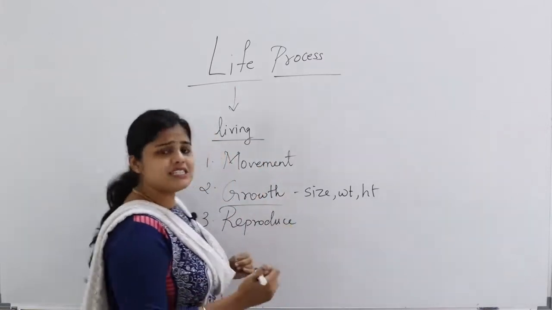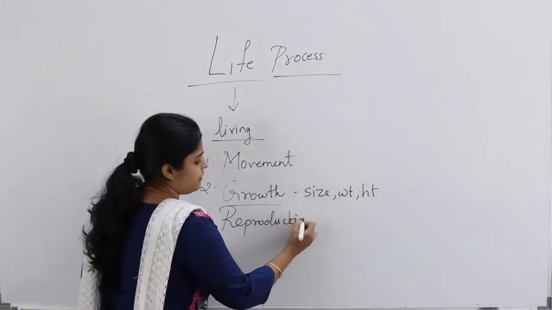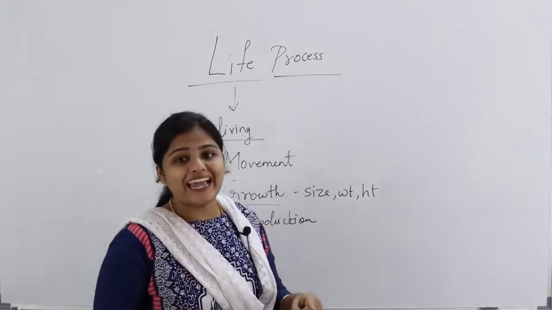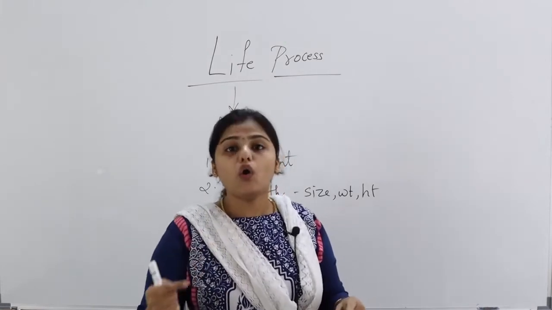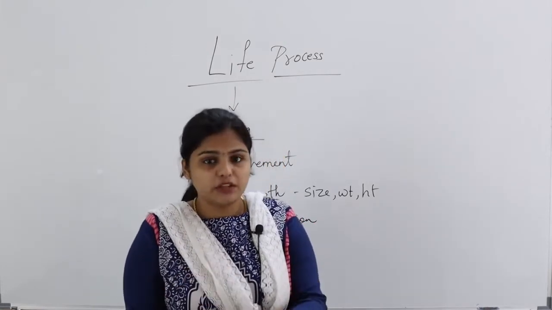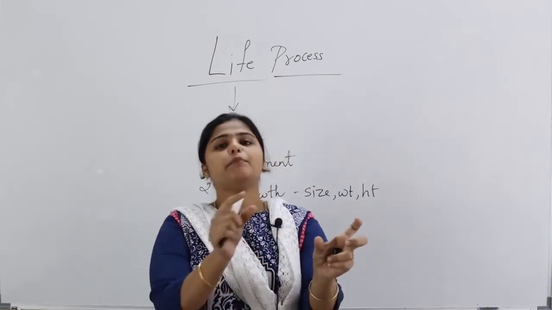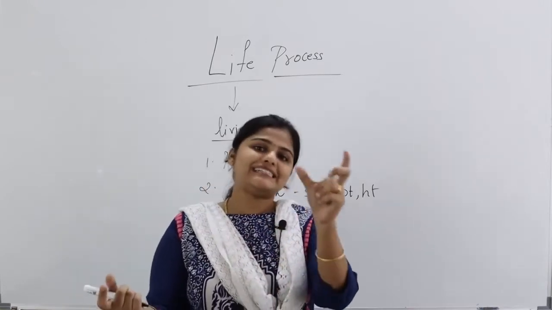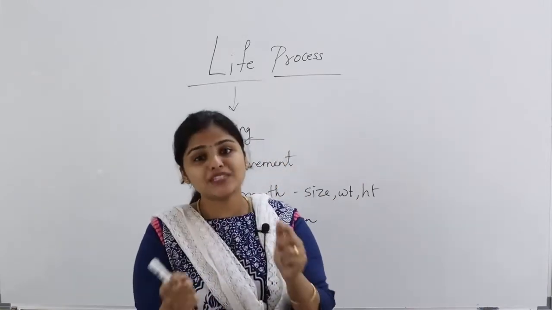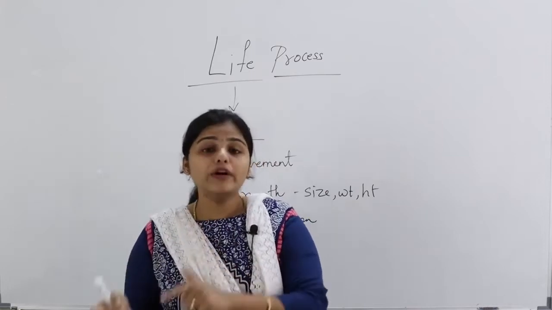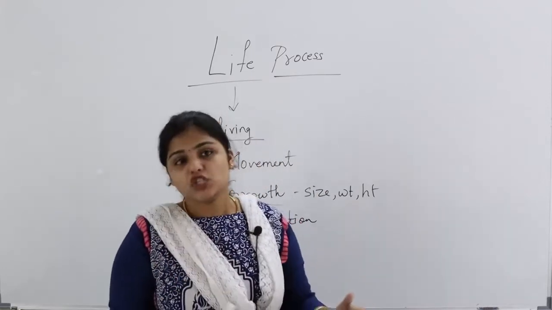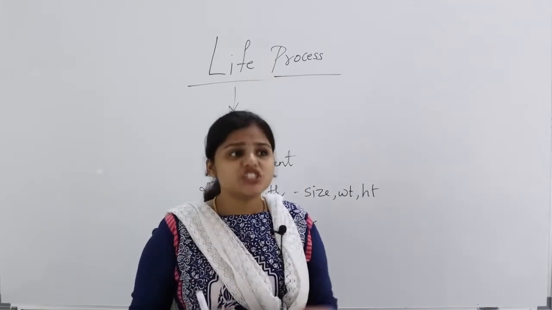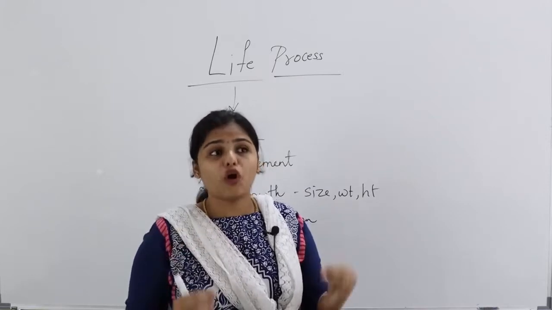And third is reproduction. Reproduction means something which can produce its own species. If a human being gives birth, it will be a baby that will be a human being. If it is an animal, it will give birth to young ones of the same variety. So there are three or four important characters which give a proper definition for life.